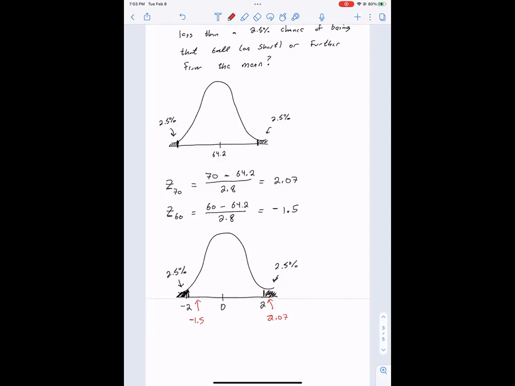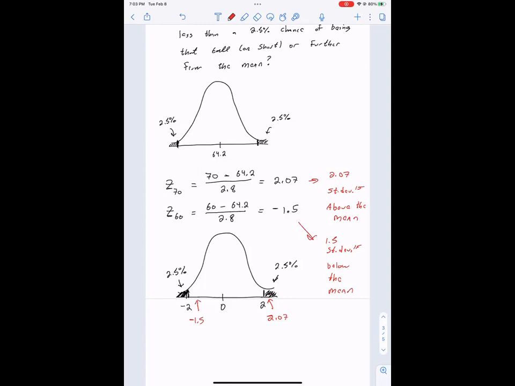A Z-score of 2.07 means 2.07 standard deviations above the mean, and negative 1.5 means 1.5 standard deviations below the mean. What would the Z-score be for the mean itself? 0.